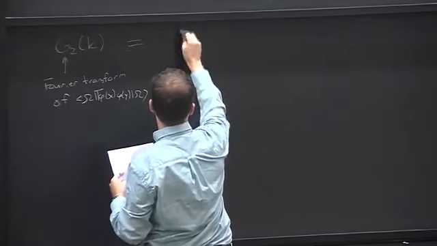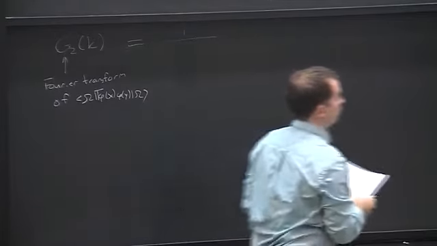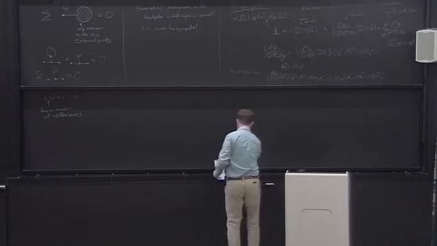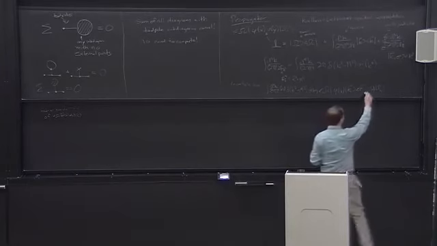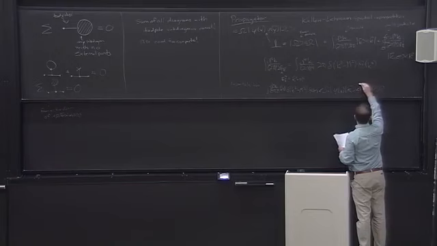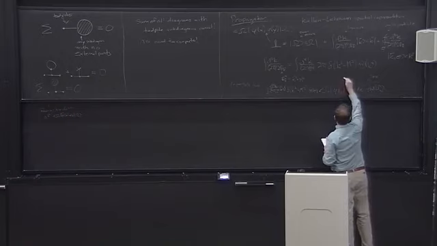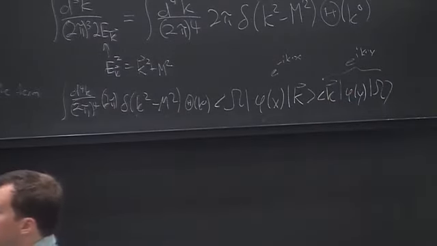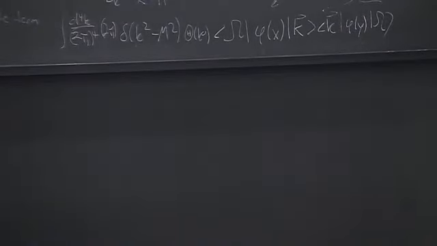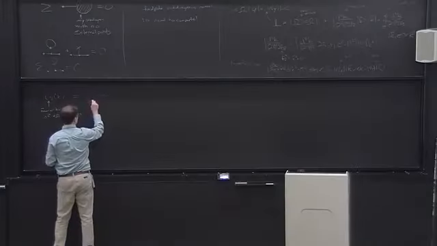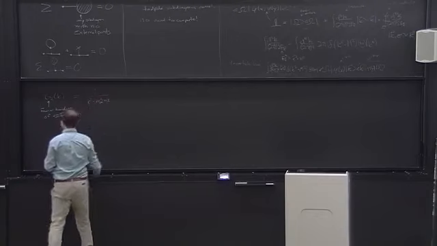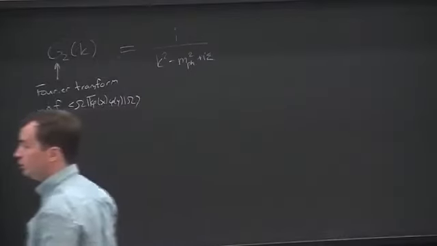Combine the two time-ordered terms like this, just like what we had in the free theory, because this is e to the i k dot y, this is e to the minus i k dot x. We get a term that just looks very familiar, exactly the same thing we had before.